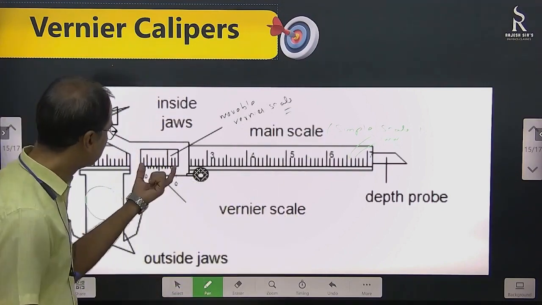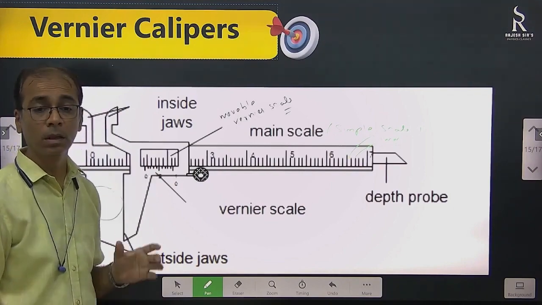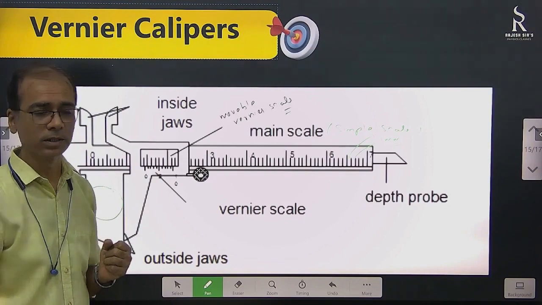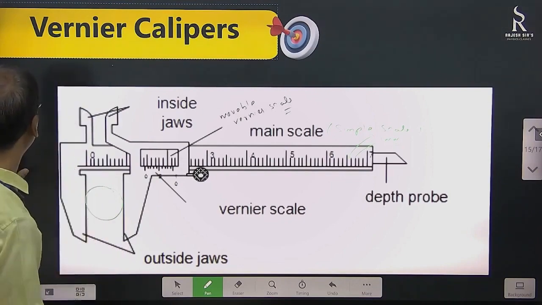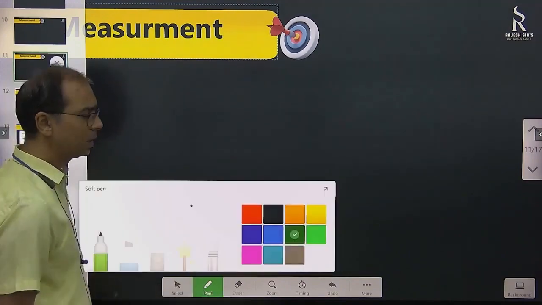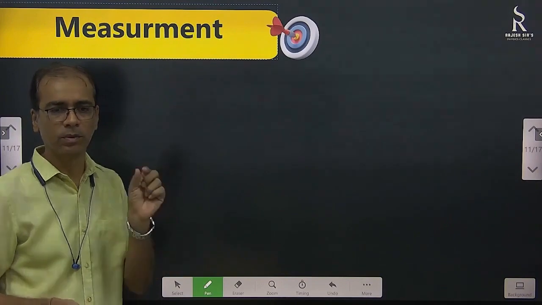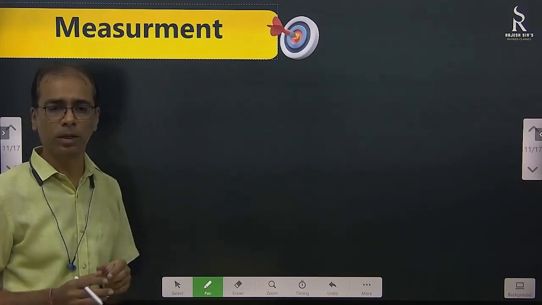Now what is this here? This is also a scale. What is special in this vernier scale? There are certain graduations in this also, like in the main scale, where the separation between each point is 1 mm.